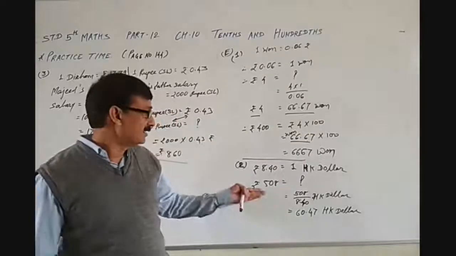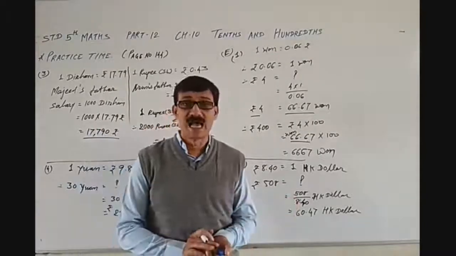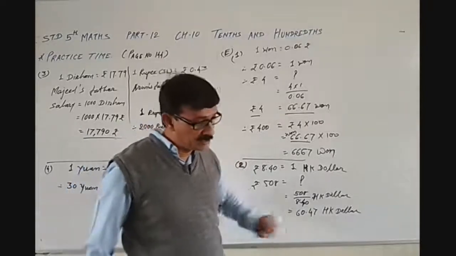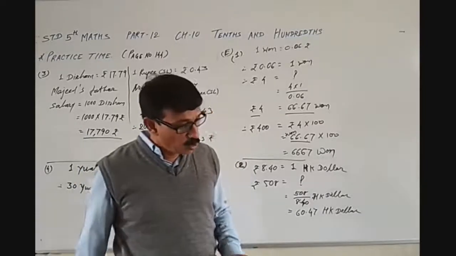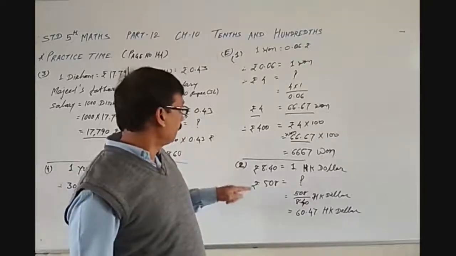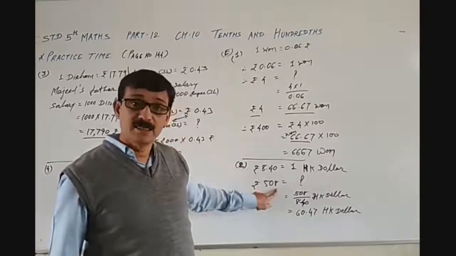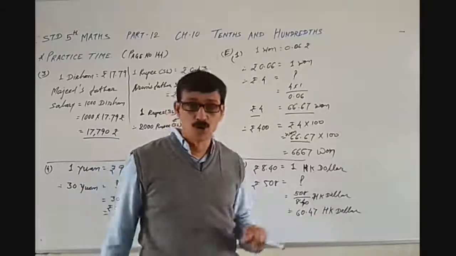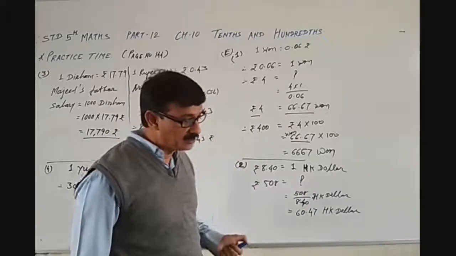This calculation is out of your syllabus. So from 508 rupees she will get 60.47 Hong Kong dollars. So this should be the answer.